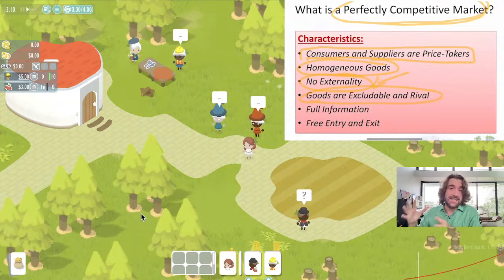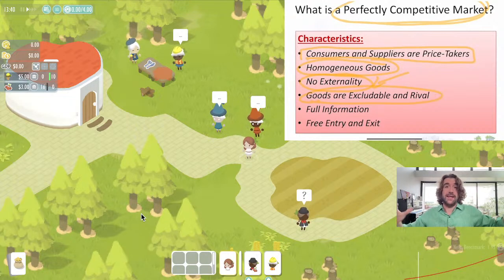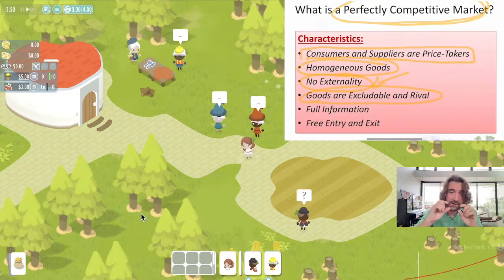So there are examples of important goods in our economy that are non-excludable and non-rivalrous. However, in this level, red berries clearly can be excluded and also are rivalrous. If you eat them, somebody else won't be able to eat that particular red berry that you consumed, obviously.